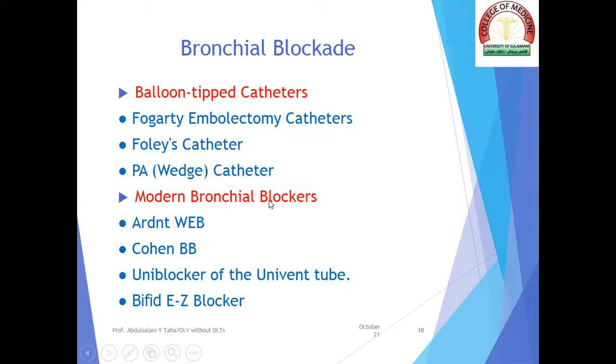And the modern bronchial blockers, such as the Arndt wire guided endobronchial blocker, and the Cohen bronchial blocker, and the Uniblocker of the Univent Tube, and the Rusch EZ blocker. Now, these four varieties will be discussed in this lecture.